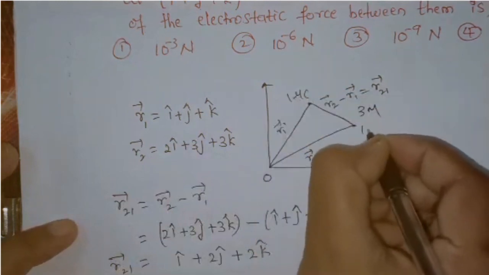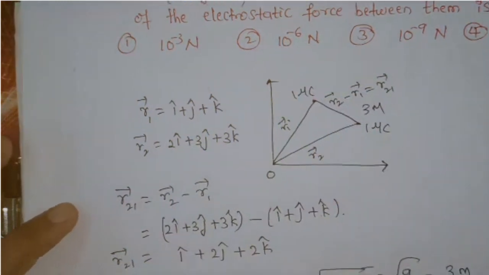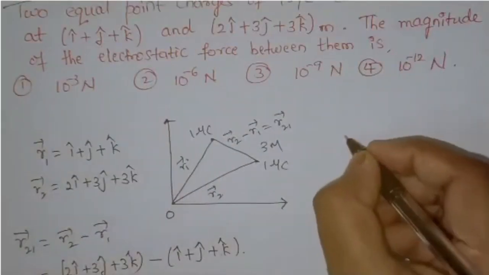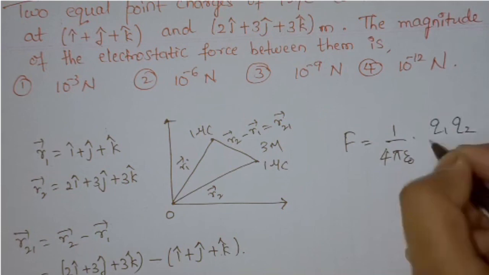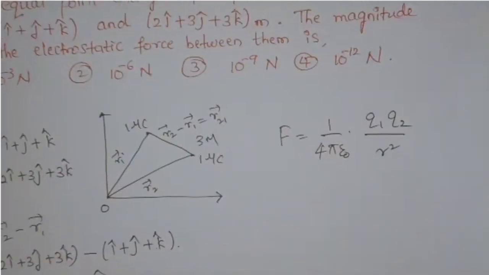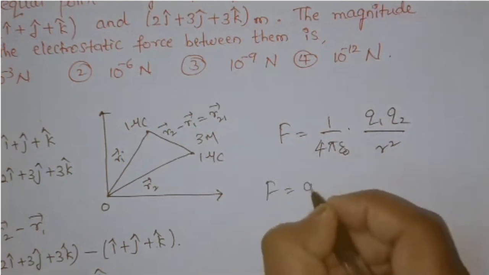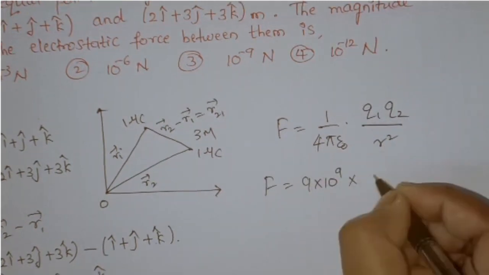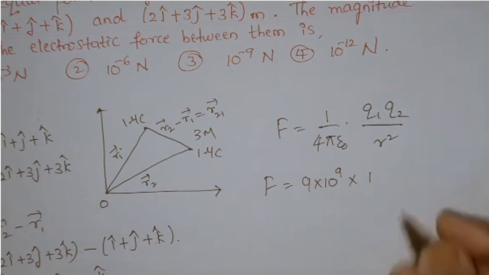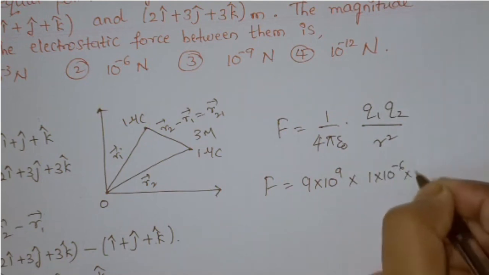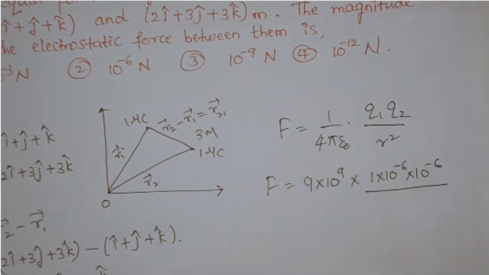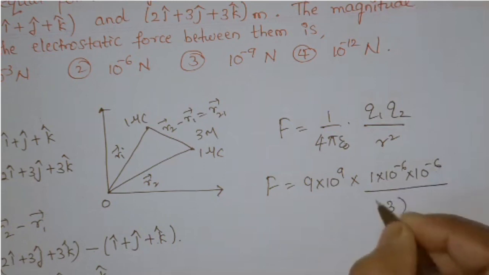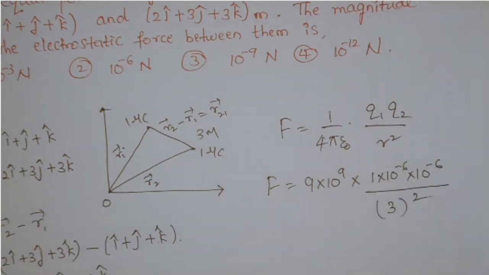Okay, so the two charges are how much here? 1 microcoulomb, and here also 1 microcoulomb, right? So apply Coulomb's force formula. What is it? F equals 1 by 4 pi epsilon naught, q1 q2 by r square. Here q1 and q2 are the same, so we can take q square. So F equals 9 into 10 raised to 9 into 1 into 10 raised to minus 6 into 10 raised to minus 6, divided by 3 meter square.